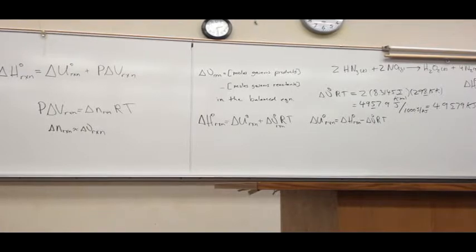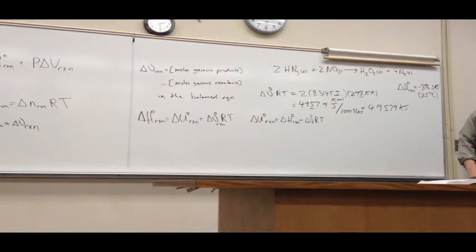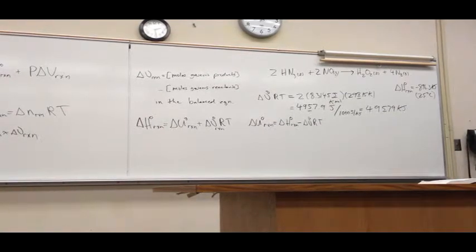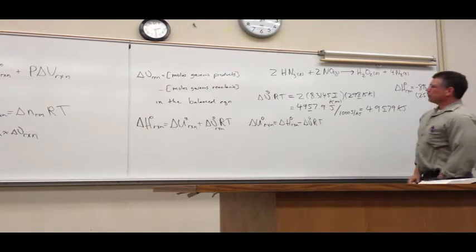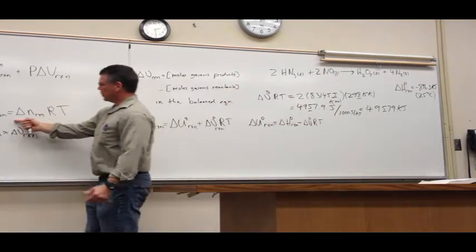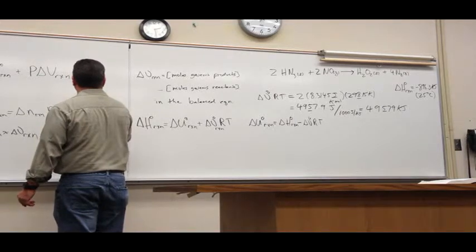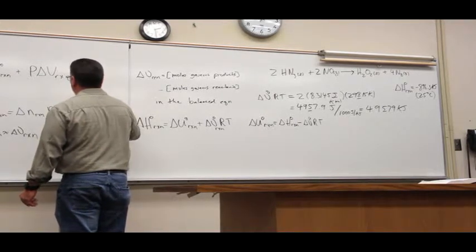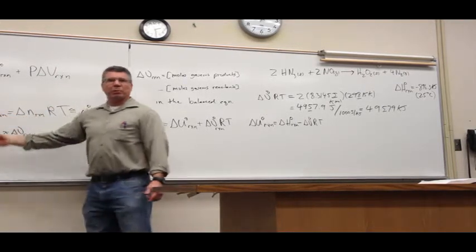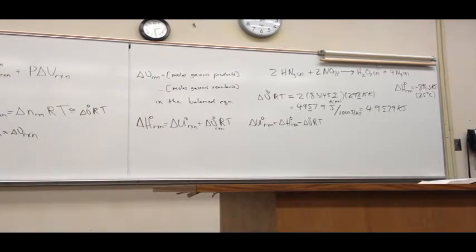No? Yes? So what does this mean? Well, you can interpret this over here as the PV work, the amount of work that's done in this reaction. Where'd the moles go? It's 2 moles here.